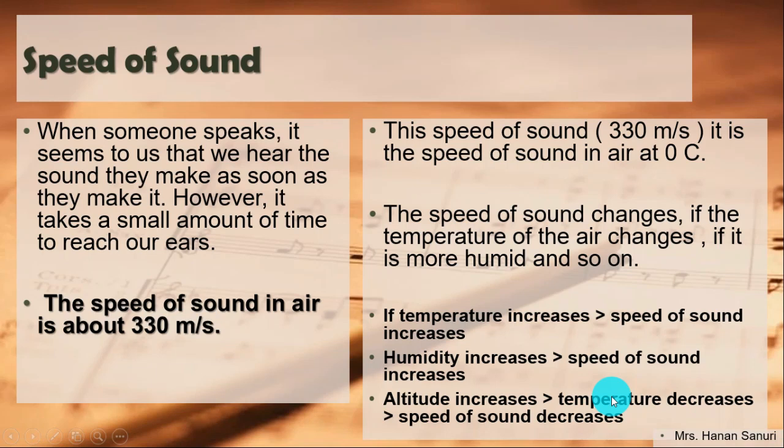Now we know that at high levels, the temperature is always less. So altitude increases, temperature decreases, so speed of sound decreases. Clear? So speed of sound in air again is 330 meters per second, but only when the temperature of air is at 0 Celsius.